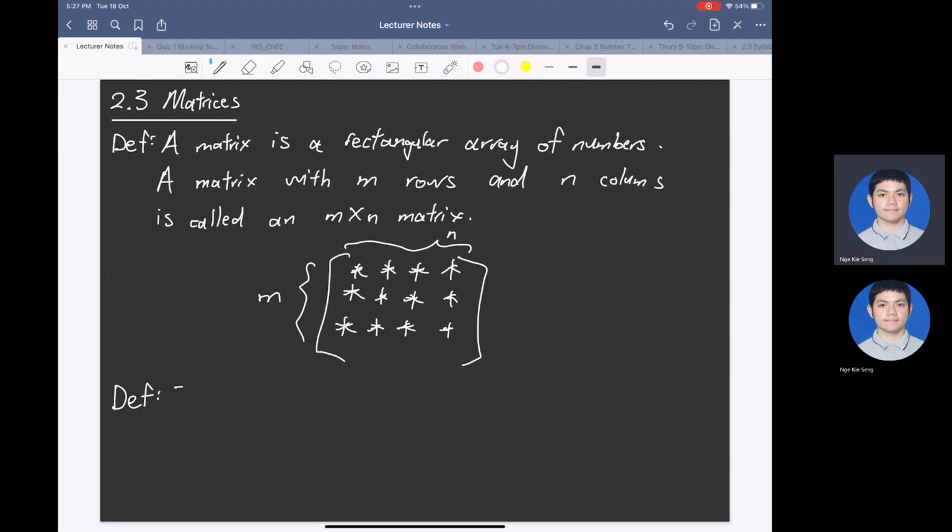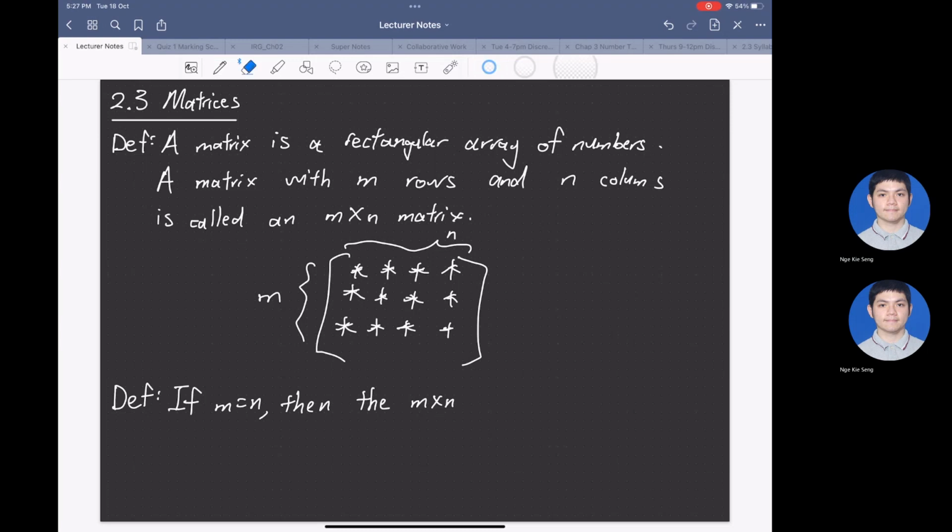And then if m equals n, then it is an n by n matrix.